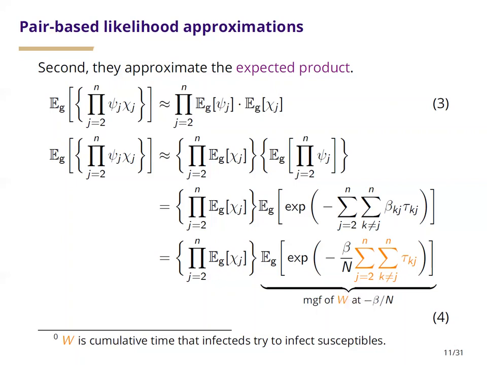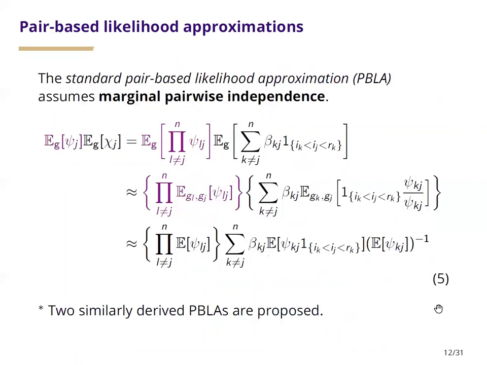Here I'm calling this W, which will be the cumulative time that infected try to infect susceptibles. Now, if we look at this form, we see that we have a moment generating function of W at negative beta over n. So this paper will present multiple likelihood approximations.